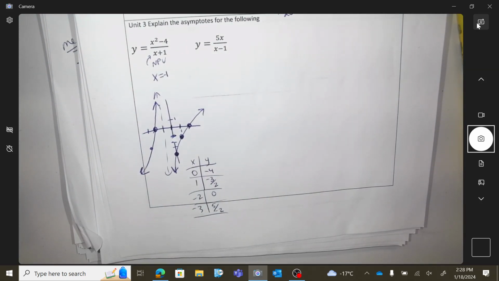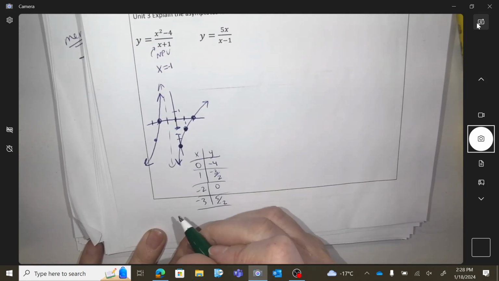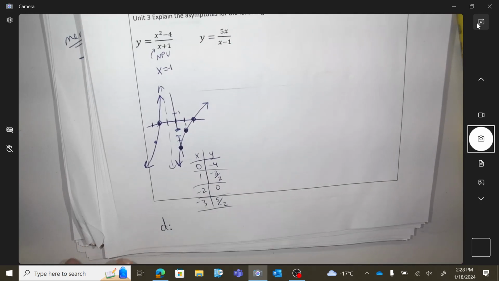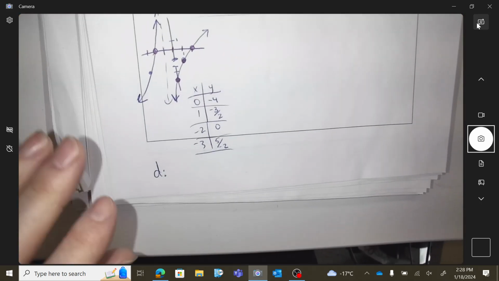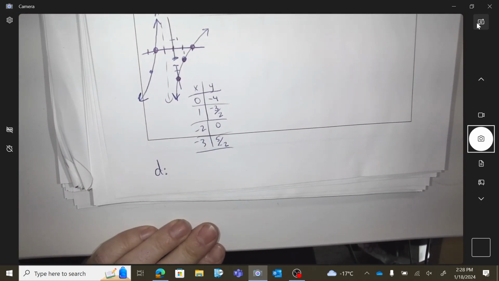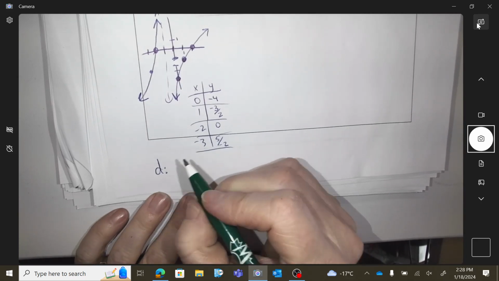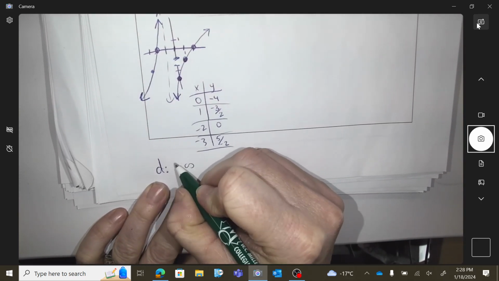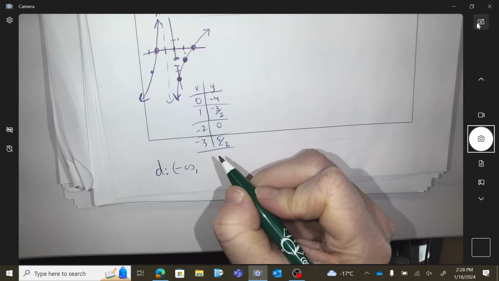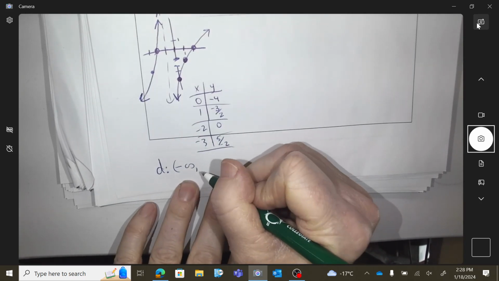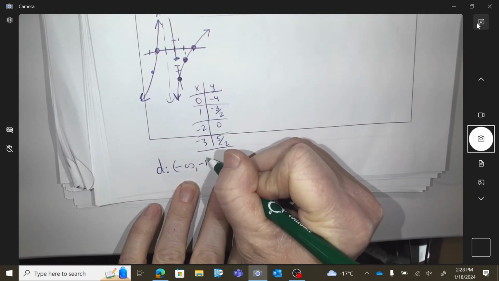Okay. How would you write the, let's just do domain, because range is -infinity to infinity. So how would you write the domain if I asked you to write it? You could do it in two ways. You can do this from -infinity, and then you get up to -1, but can't be on.